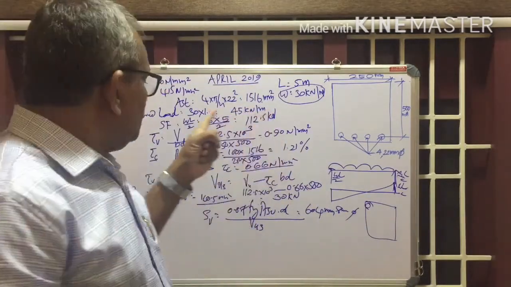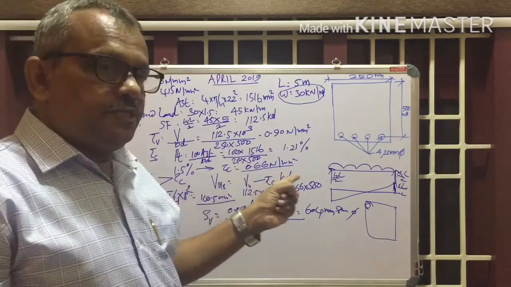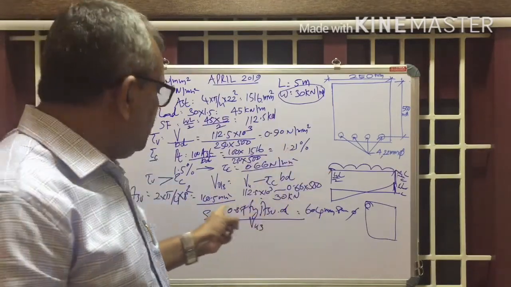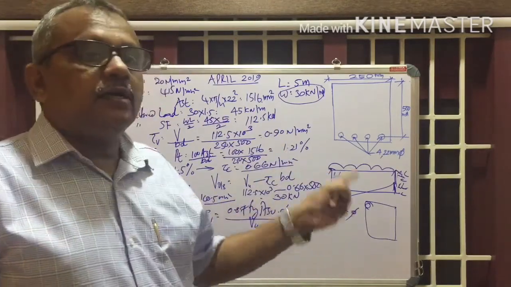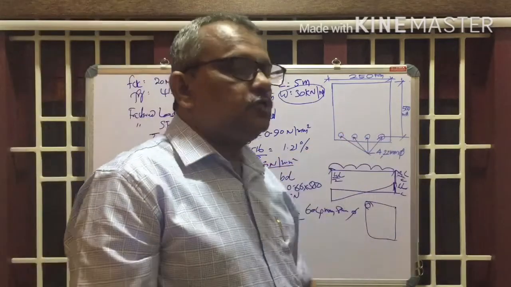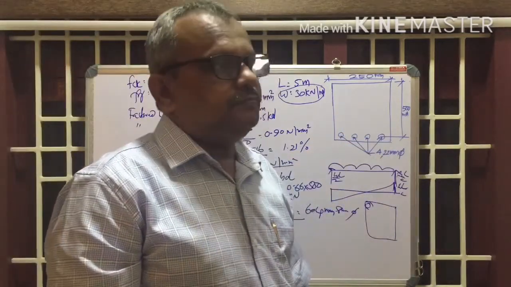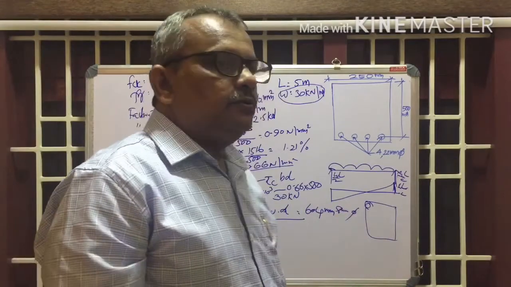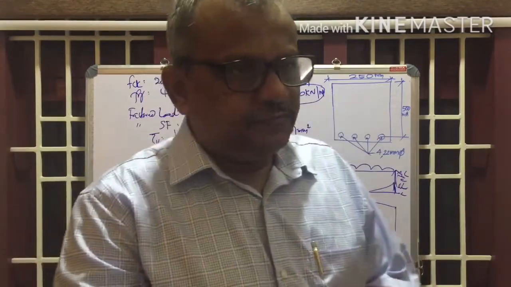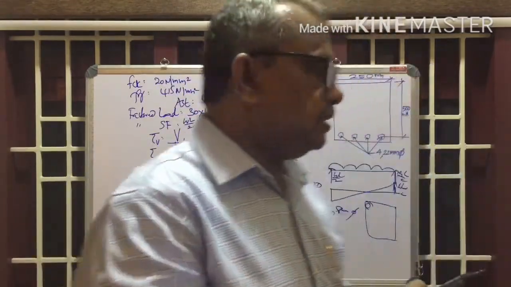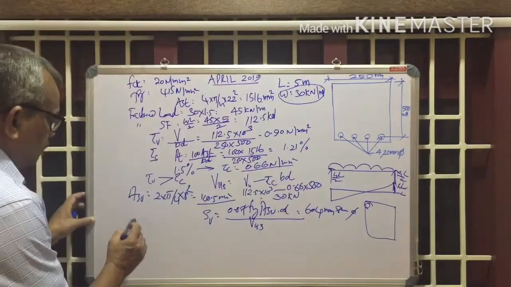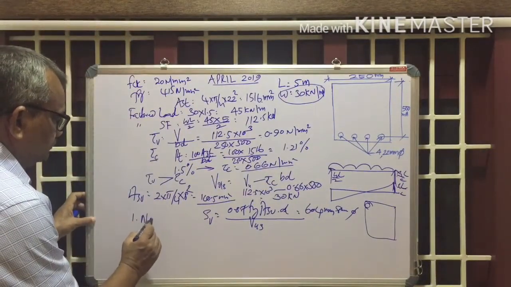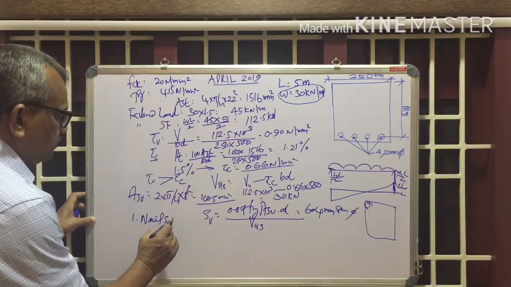So as per the maximum shear stress obtained, we calculated the spacing to be given for 8 mm dia two-legged stirrups. But even though we got this value, we have to check the provisions as per the code. What are the provisions as per the code? Number 1, nominal shear reinforcement.